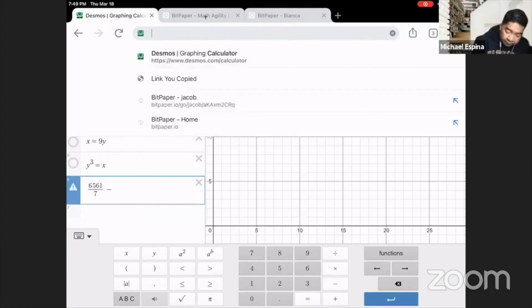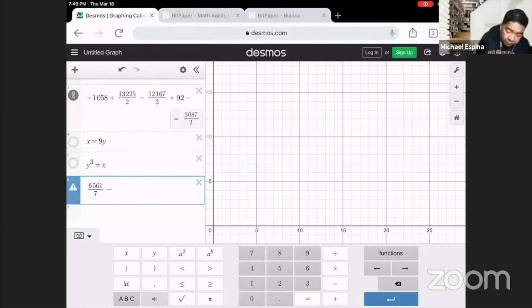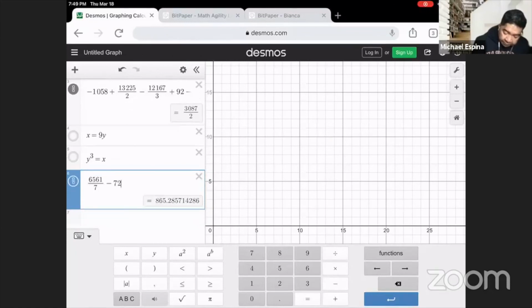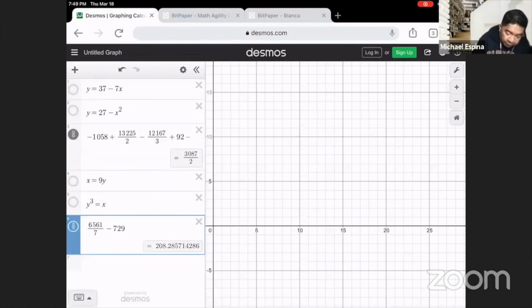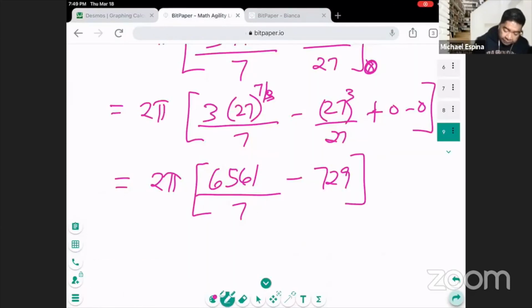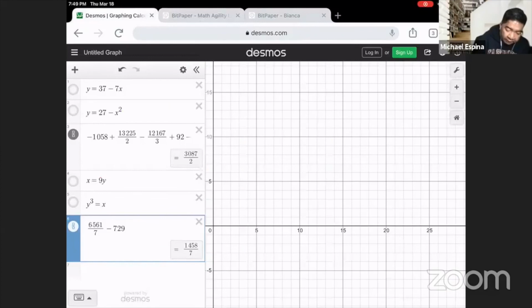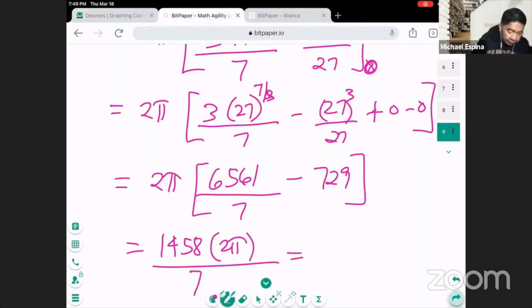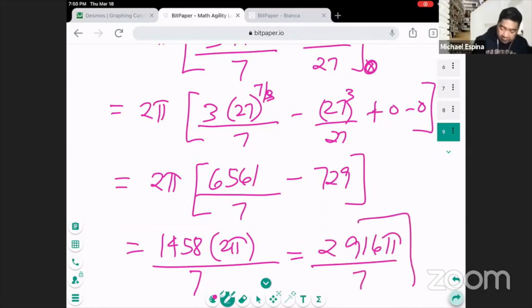If we take the fraction part, that's 1458 over 7. 1458 times 2 pi over 7. So 1458 times 2 is 2916 pi over 7. So this is our answer.